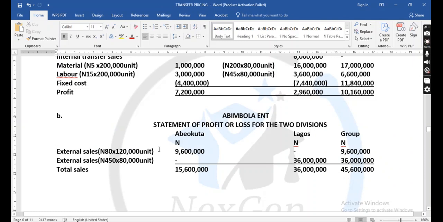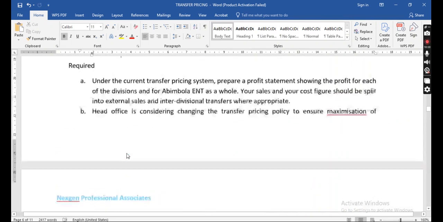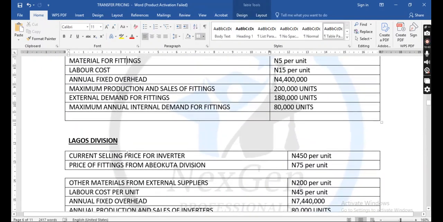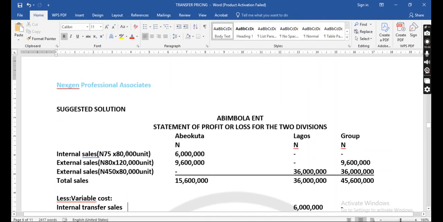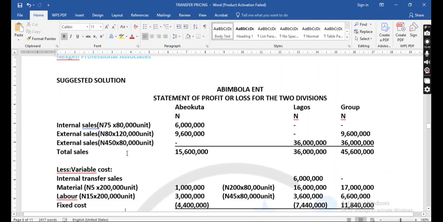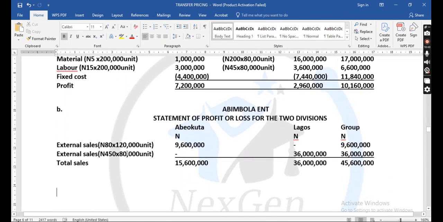So in this case now, class, Abeokuta, we only sell to external. How much did external need? 180 to external, because the policy now changes. Now they can sell to external, before giving priority to Lagos.